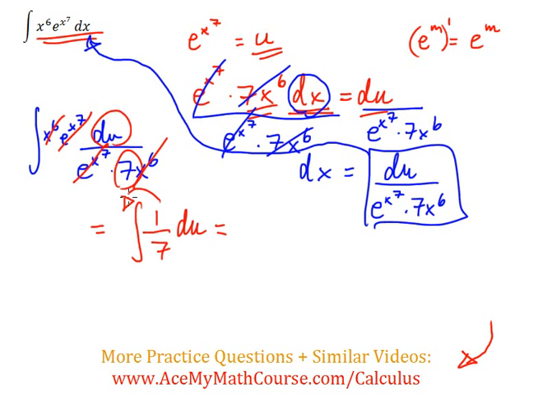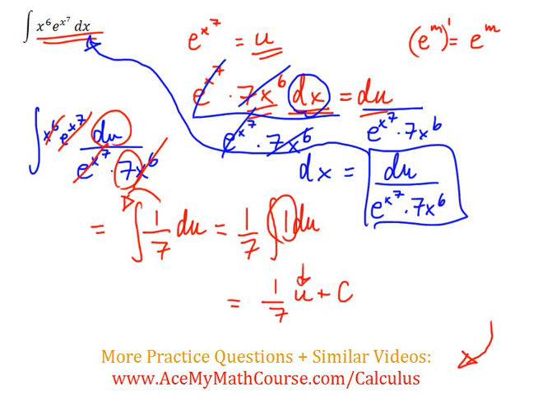And once I remove this from the integral, because I can just take away constants when there's no addition, I just get the integral of 1. So that's going to be 1 over 7 u plus c, because the integral of 1 is just going to be u.